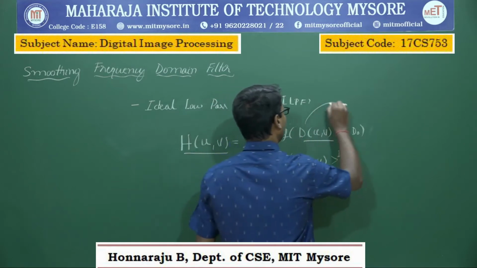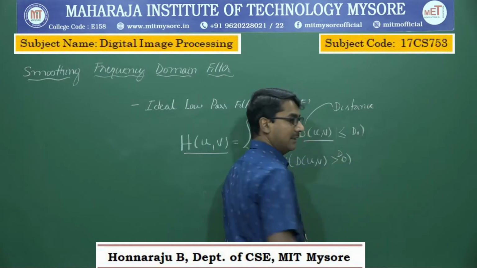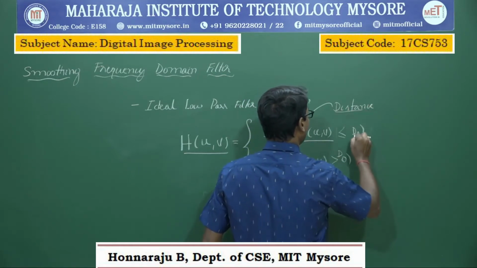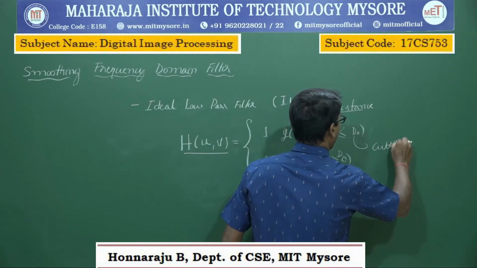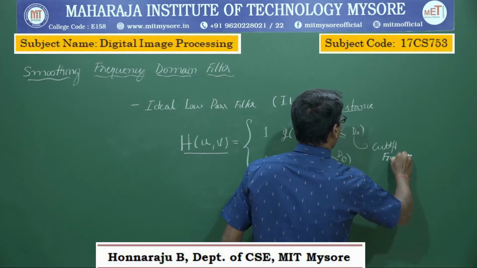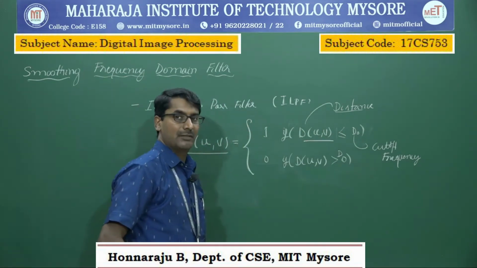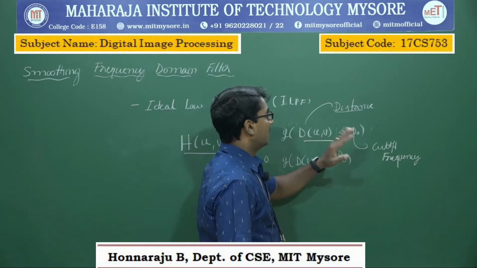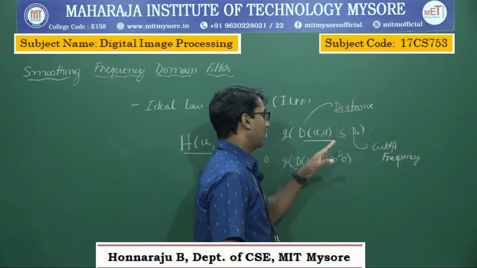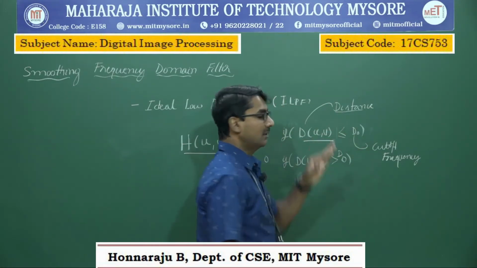Here D is the distance function. D is a non-negative value. The cutoff frequency is also a non-negative value. This value will be compared with the distance value.